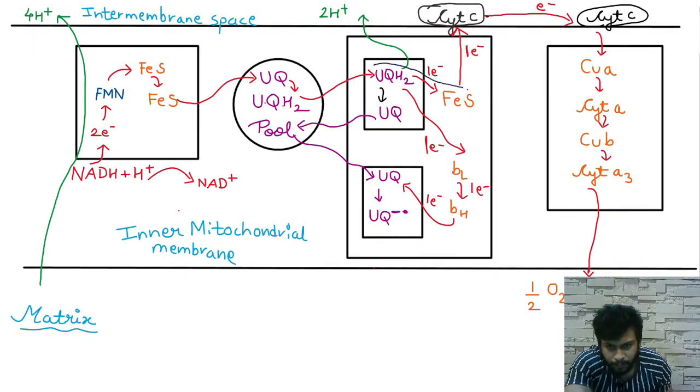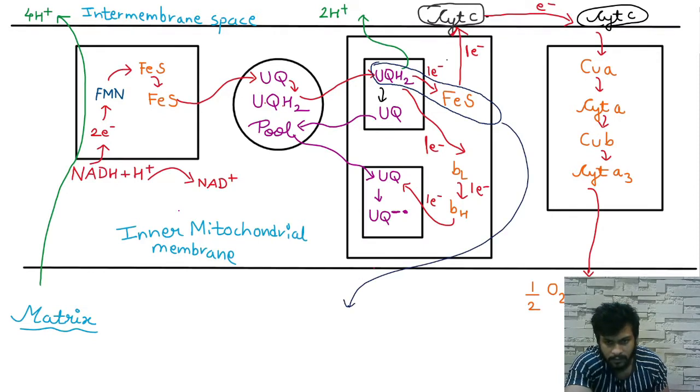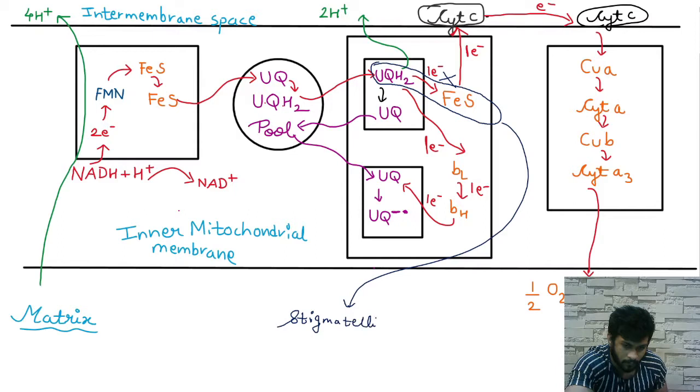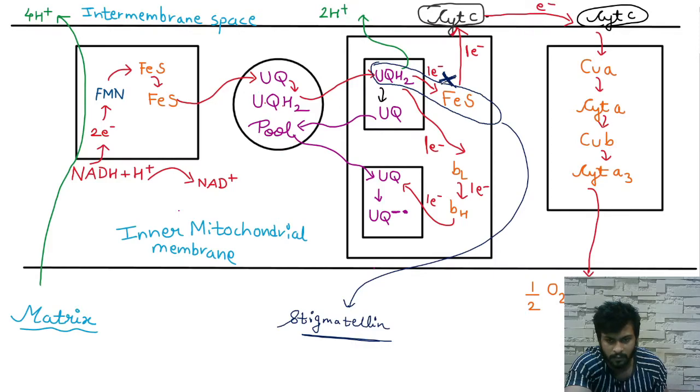So this route will be inhibited. This electron flow will not occur when stigmatellin is present. Stigmatellin is an inhibitor and it is preventing the transfer of electrons through this route. Okay.